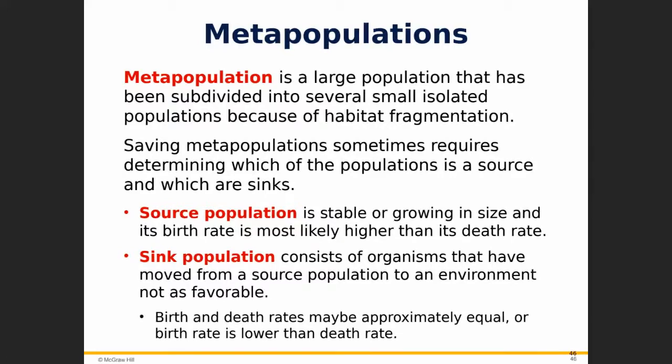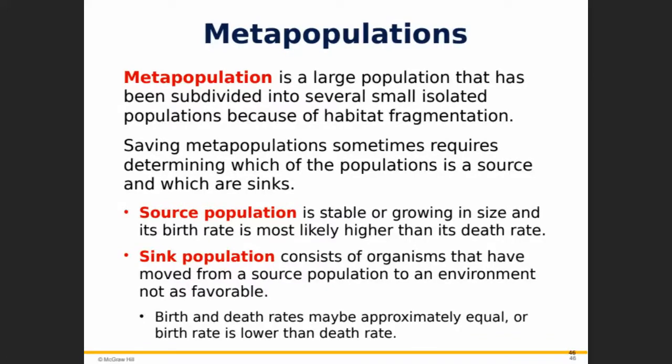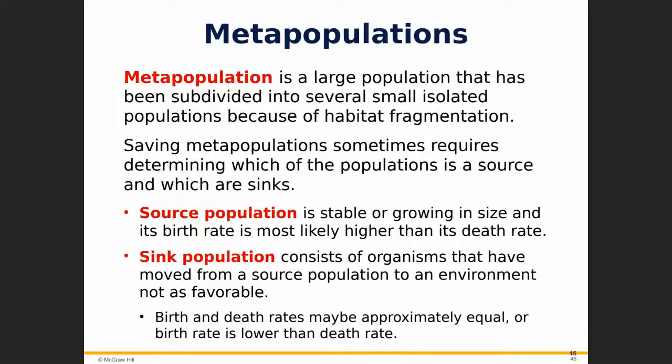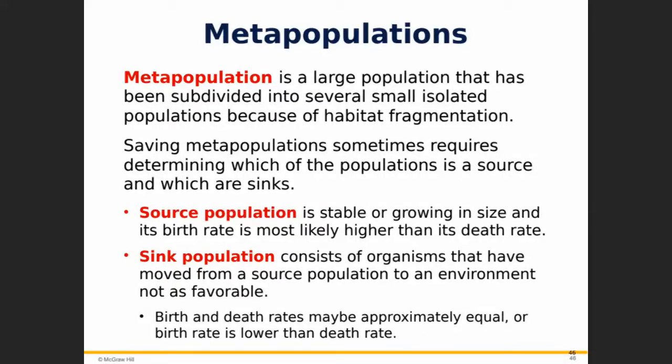An example: the northern spotted owl produces successfully in old growth rainforests of the Pacific Northwest, but not in nearby immature forests that are in the process of recovering from logging.